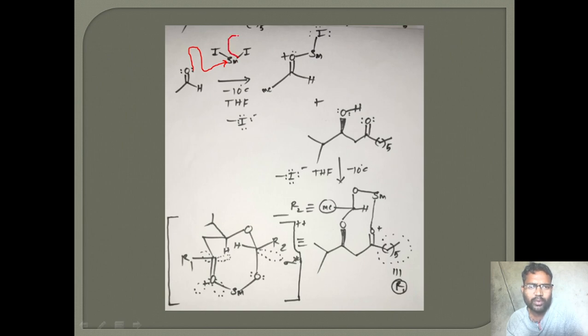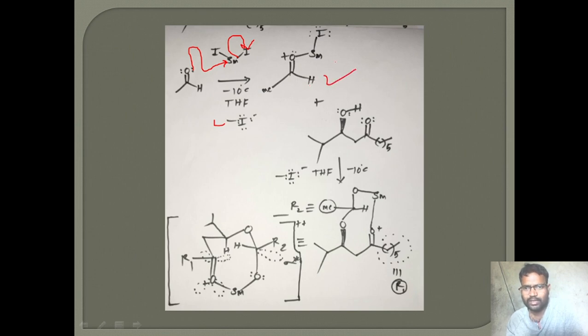It will leave the reaction. So samarium iodide acts as a Lewis acid. Iodine leaves like this, and there is a formation of this intermediate.